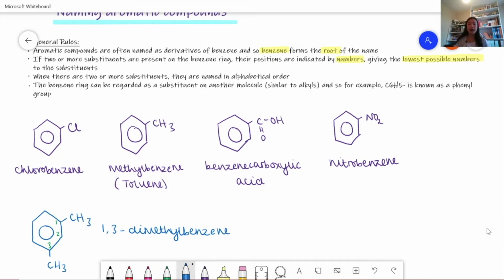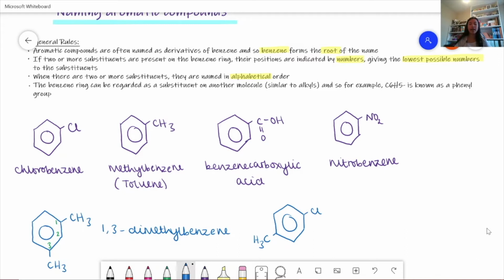When we have different substituent groups, so you can have a benzene, and say we have a chlorine here and a methyl. Now we have to name them in alphabetical order. So this is our next rule.